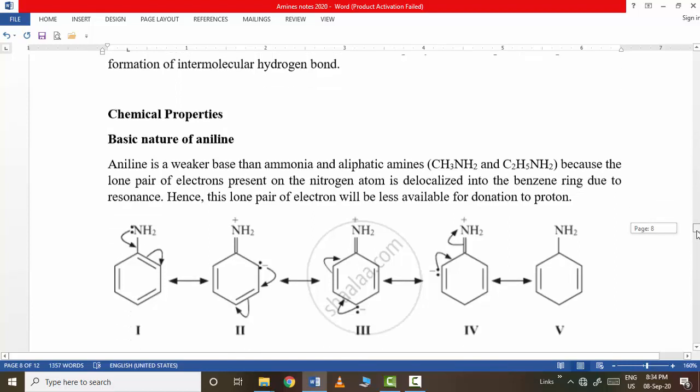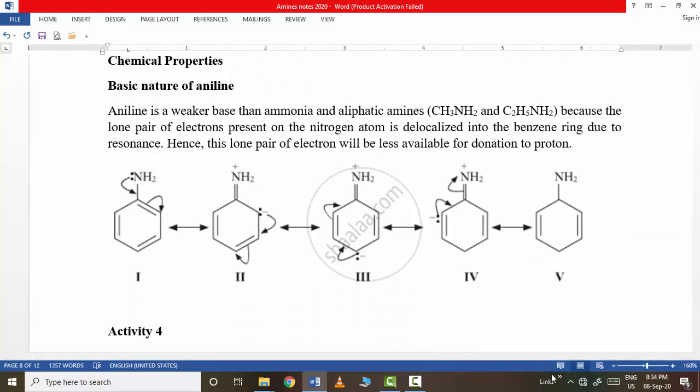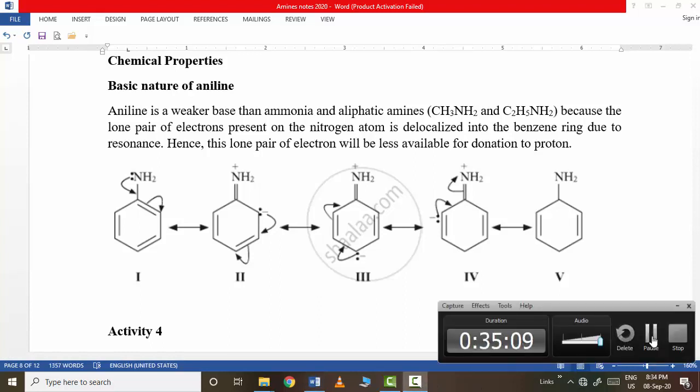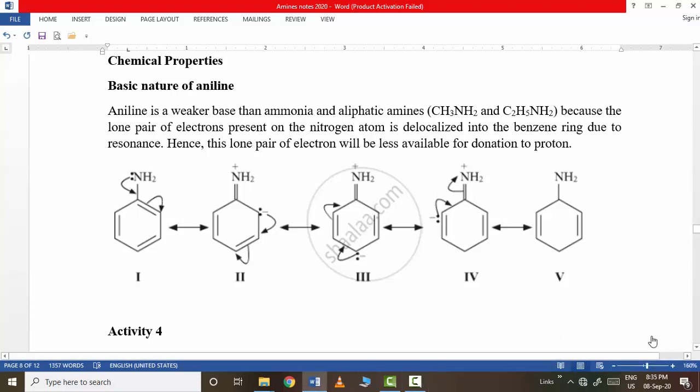So, chemical properties now. Basic nature of aniline. If you compare the basic nature of aniline, aniline is a very weak base, weaker than ammonia and weaker than the aliphatic amines like methylamine and ethylamine.